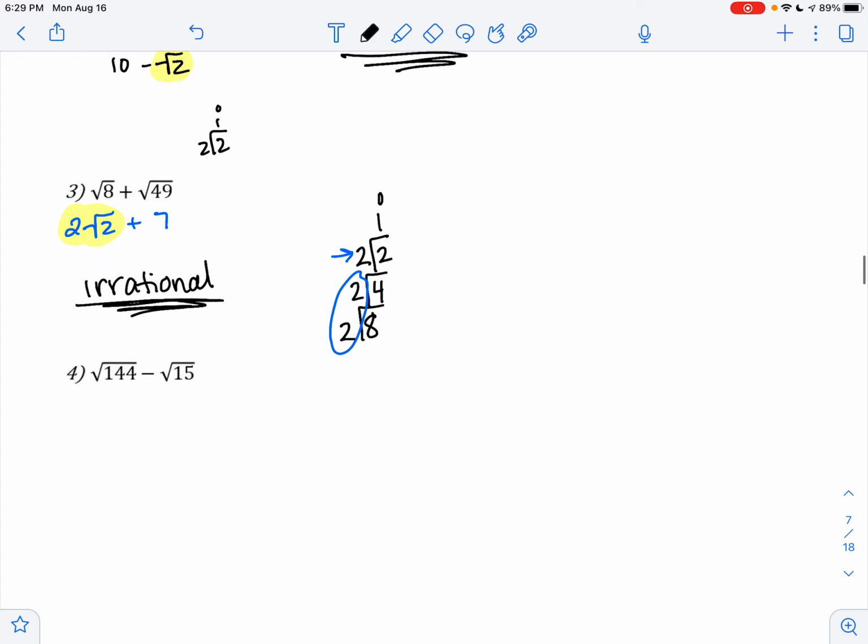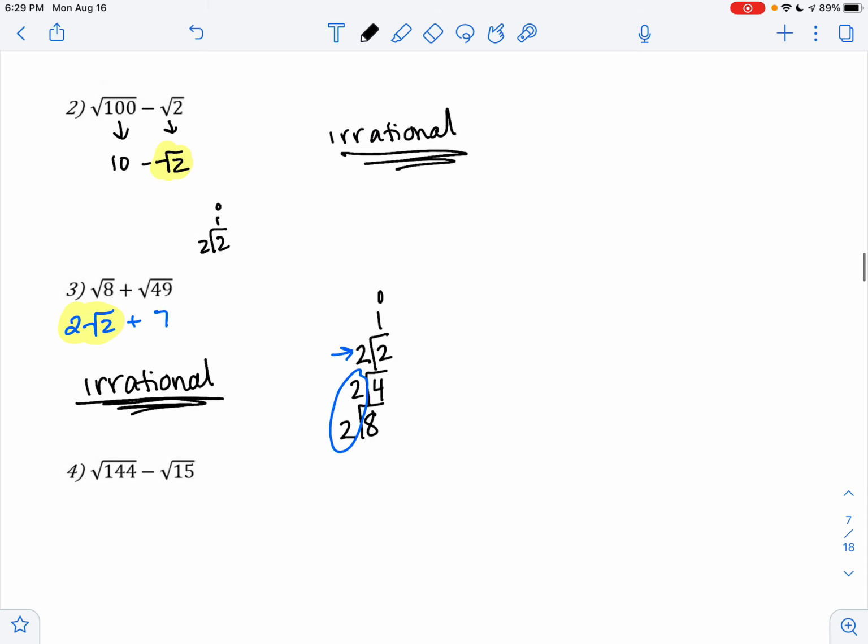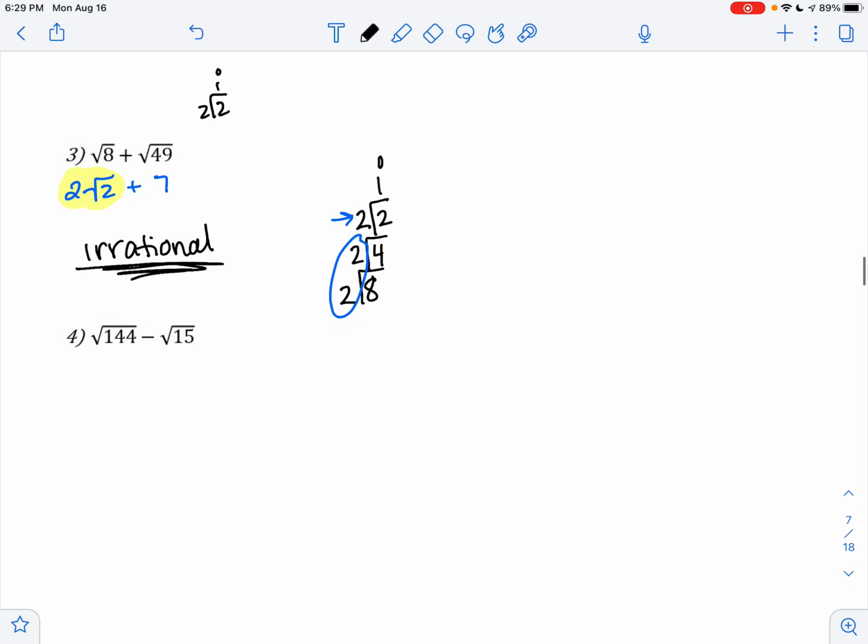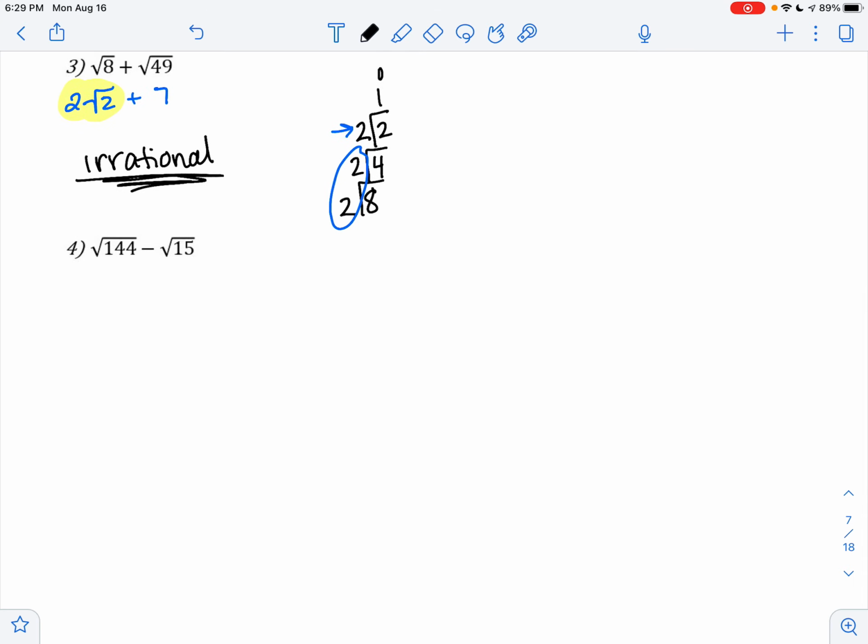And then lastly, let's look at example 4. The square root of 144 is 12. And then if I try to simplify the square root of 15, the smallest prime number that goes into 15 is 3. 3 goes into 15 5 times.